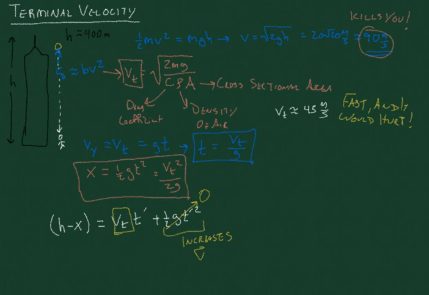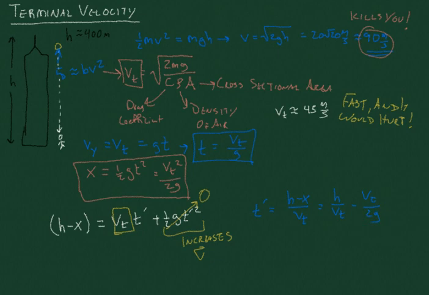So the time it takes to fall the rest of the way is just h minus x over vt, which is h over vt minus vt over 2g.